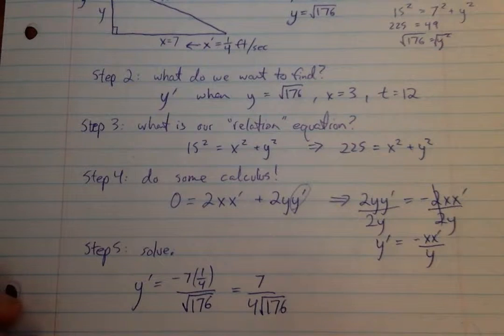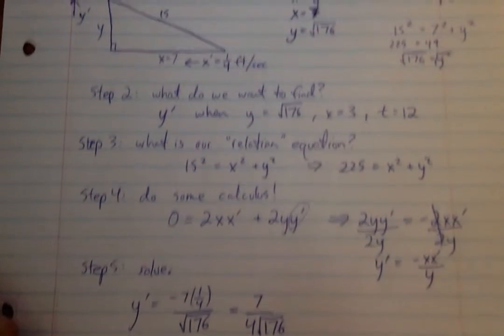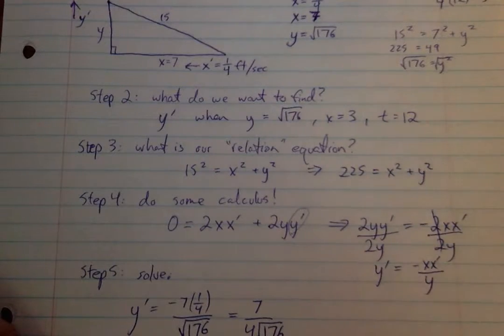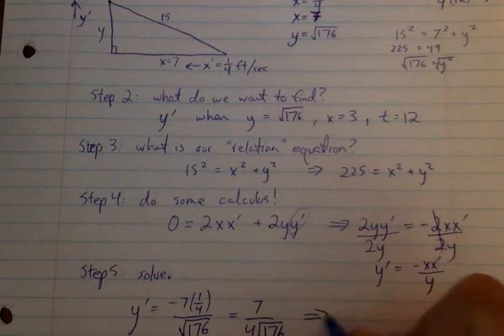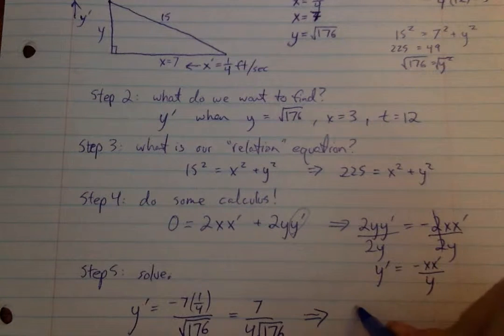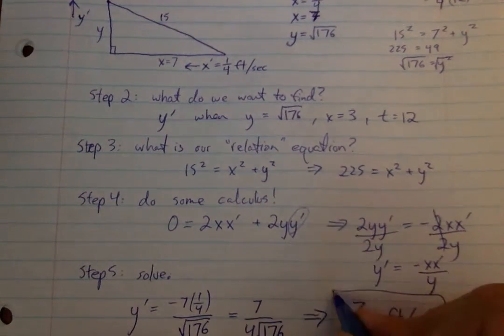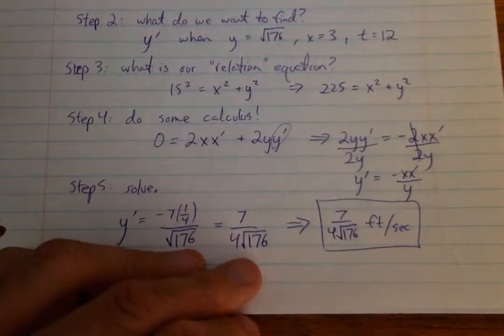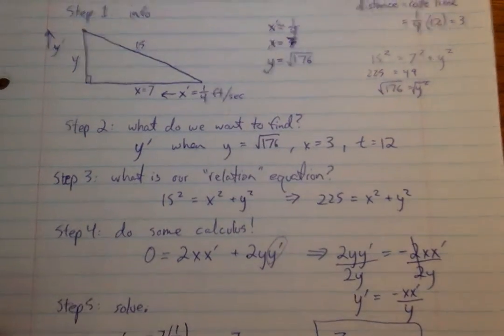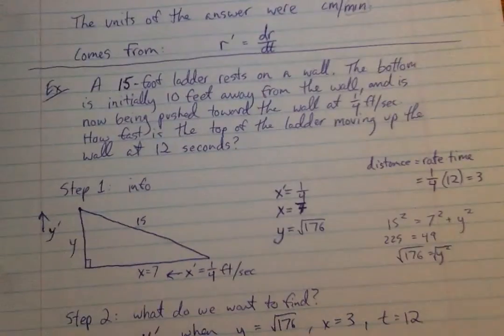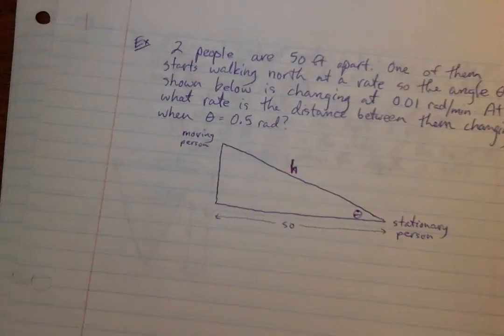So I'm guessing that what I've done here is introduce some negative. I know I did it here, but I'm just going to use my common sense and say that it's positive. So the answer is 7 over 4 over the square root of 176 feet per second. Is it perfect? No. But does it make sense? Yes. And that's what I care about. I care about knowing that our answer is logical. I'm not going to bore you with troubleshooting right now in this video. We're going to keep moving.